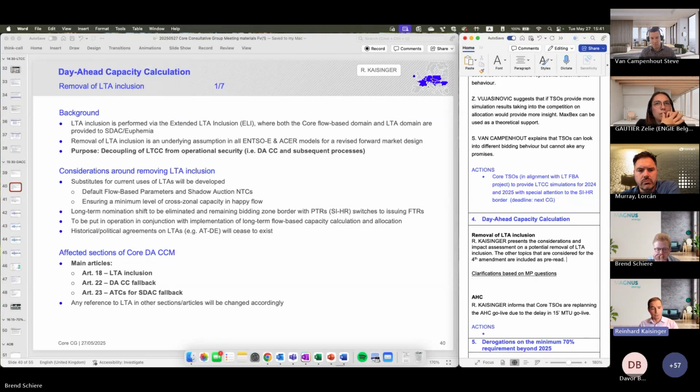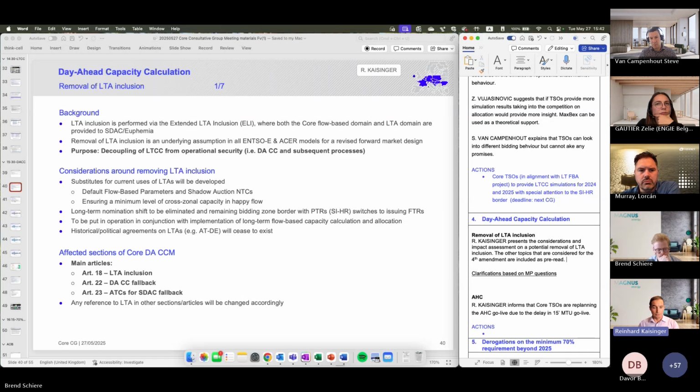And then for core, the main purpose is to decouple the LTCC, which we just discussed, from operational security and all subsequent processes. This goes together with the request to enlarge the flow-based domain in the long-term time frame to, among others, allow sufficient capacities on the Slovenian-Croatian border and so forth. Now, the high-level considerations around the removal of LTA inclusion are twofold.